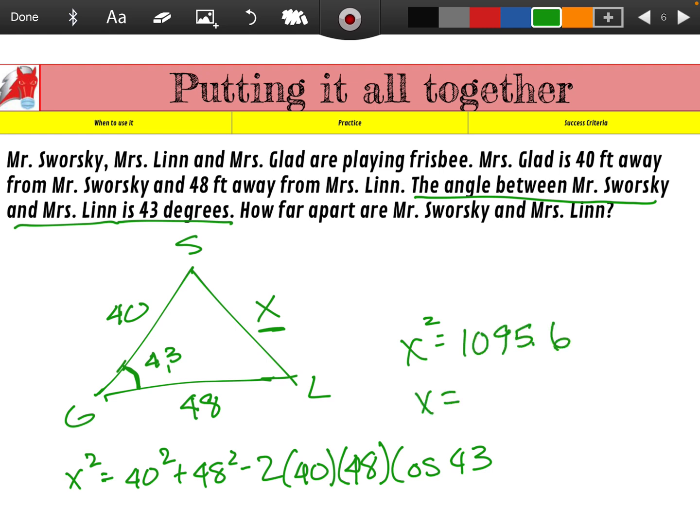And then x, when I take the root of that, gives me 33.1. There you are. And that would be what? Feet. There you go. Okay, so all we're doing is, from our pieces here, we're saying here's our situation. What do we use? Trig, law of sines, law of cosines, and then we solve accordingly.